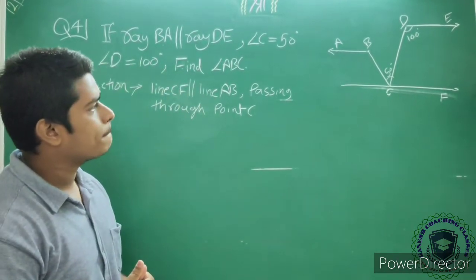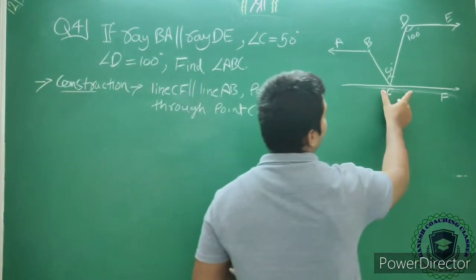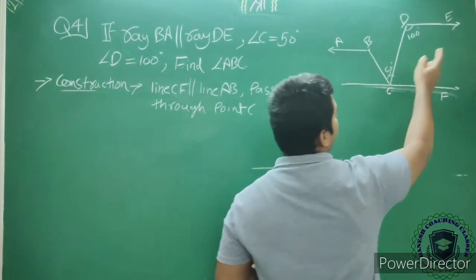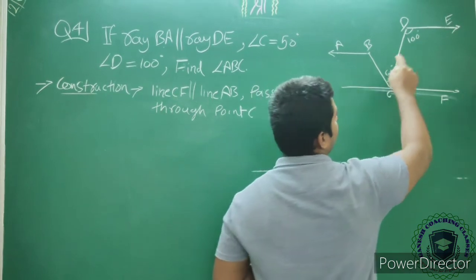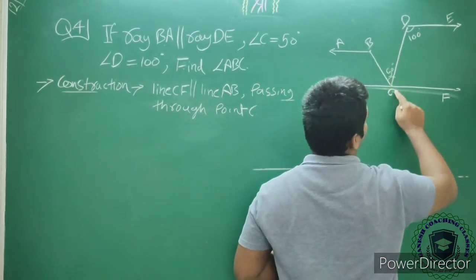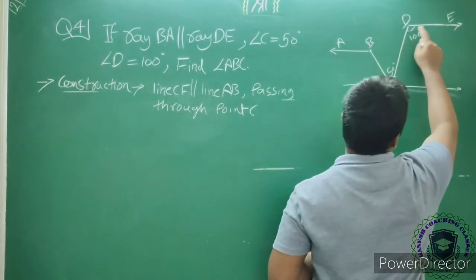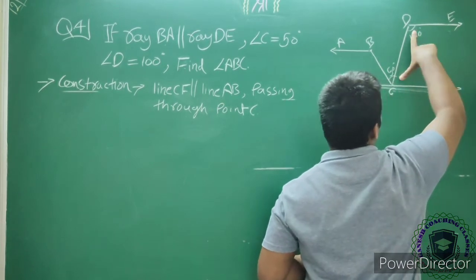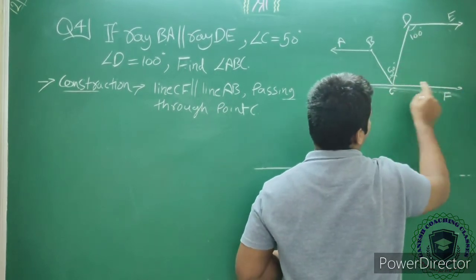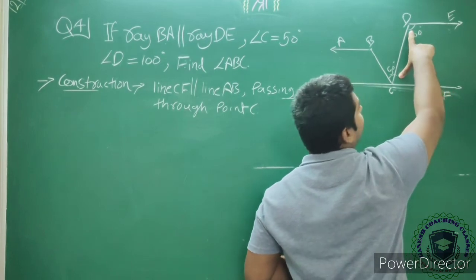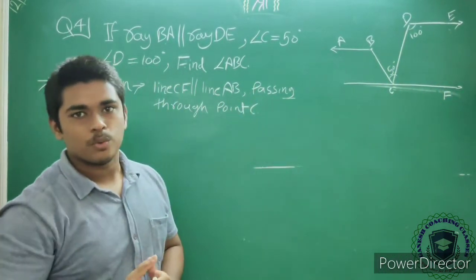When we did this construction, we see that many angles are forming. When AB is parallel to CF, then CF is parallel to DE, and these two angles, that is 100 degrees and DCF, look like interior angles. So we can find the values.